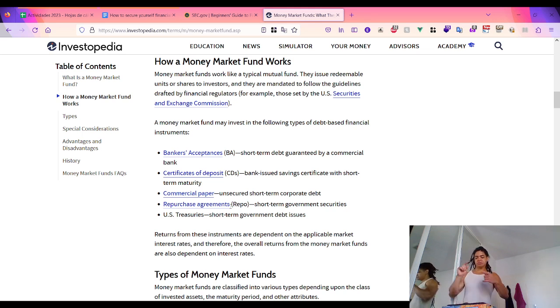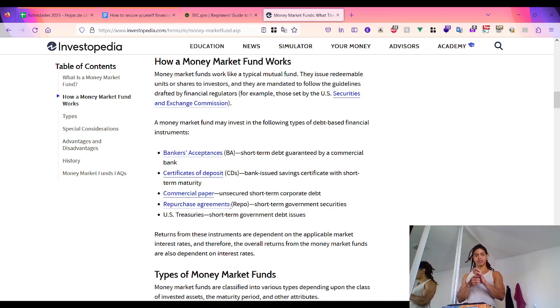Okay, so money markets involve the purchase and sale of large volume of very short-term debt products, such as commercial paper or overnight reserve.